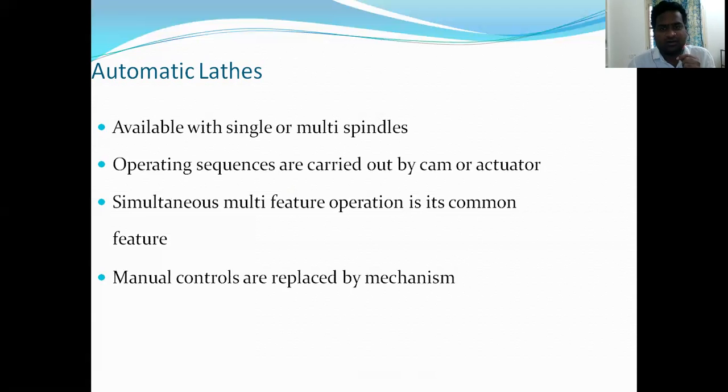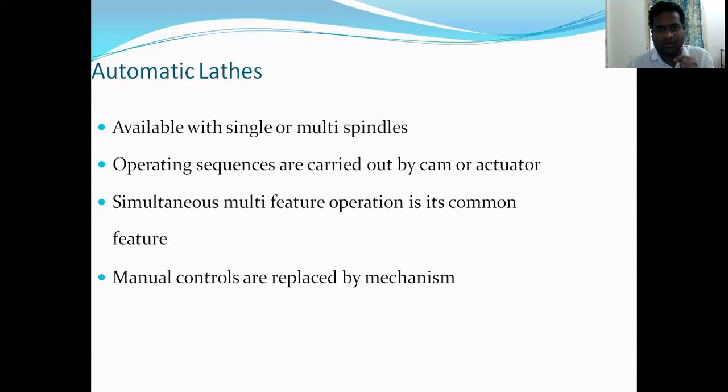Manual controls are replaced by mechanism. In automatic lathes there is no manpower. They are operated by some programming, some sequential orders, and based on those sequential orders the machine operates. The machine is operated by some actuators, some mechanisms.